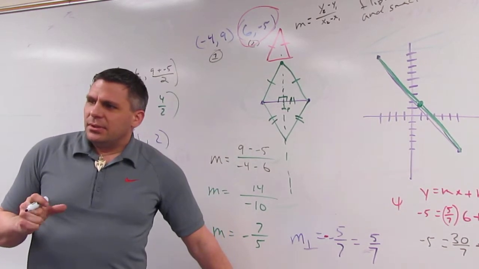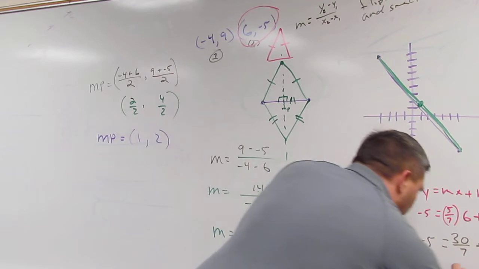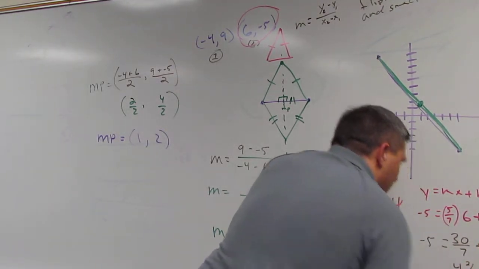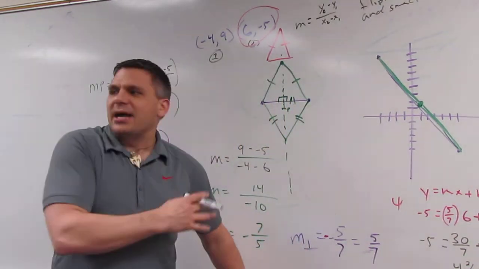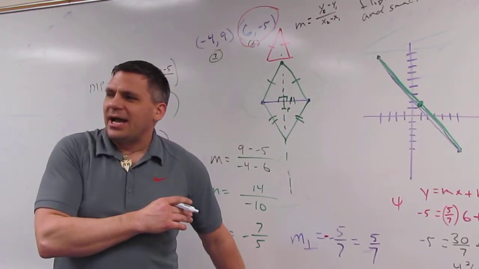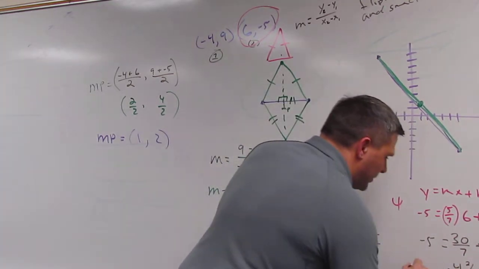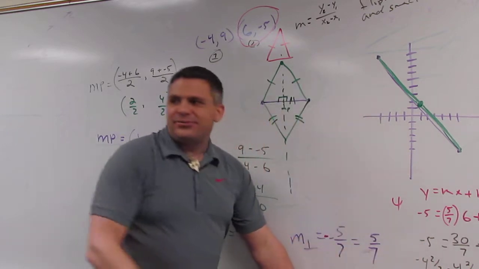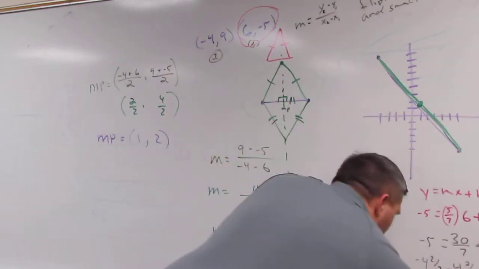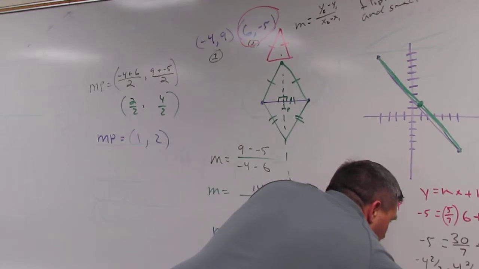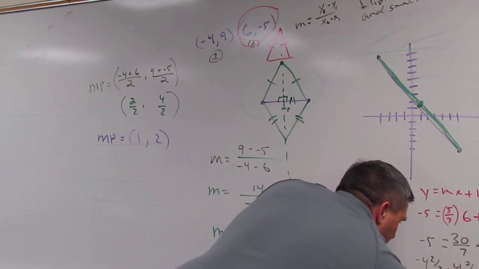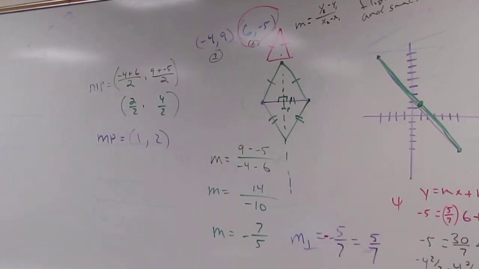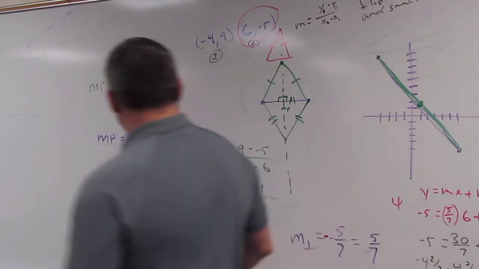And now, 30/7ths. What is that? 4 and 2/7. So when I subtract 4 and 2/7 from both sides, or I add a negative 4 and 2/7 to both sides, these are both negative, so it becomes more negative. So b is equal to negative 9 and 2/7.